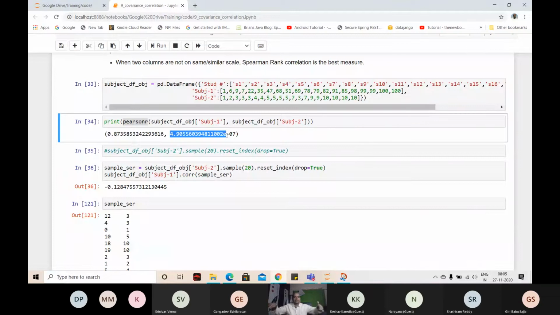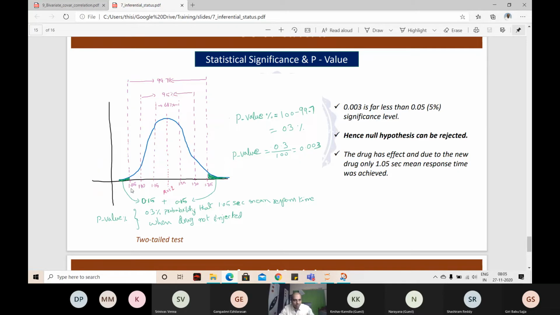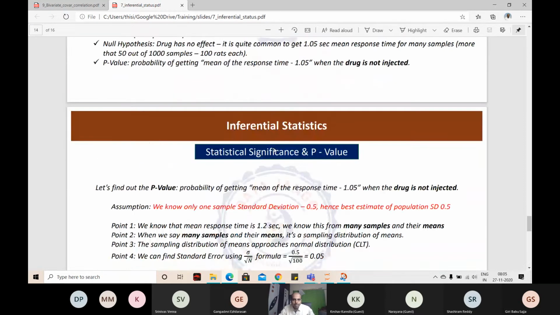The 3 sigma rule actually says that within 3 standard deviations, 99 point something percent. So if this number is falling, how do you know? The z-score you need to calculate. For this number, you need to calculate the z-score. We calculated the z-score for this number. 0.015, z-score is what?